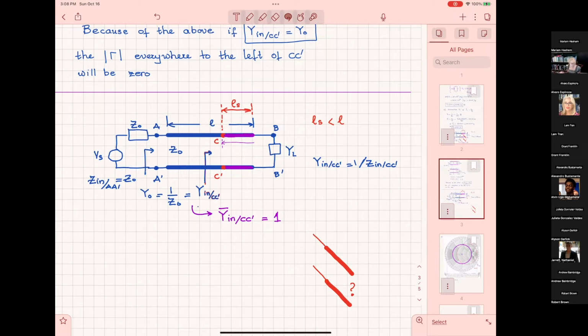In its place, what kind of a load am I going to have at CC prime? What kind of a load is the stub creating? Is it a real load? Is it a reactive load? Is it a complex load? What is it?